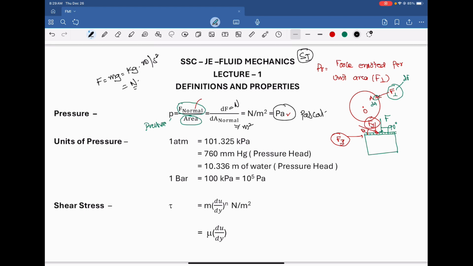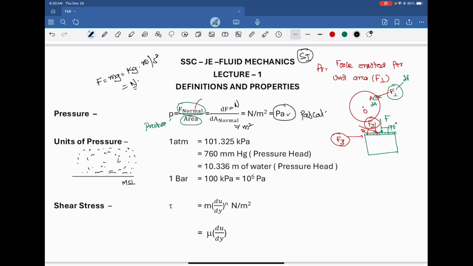Now, pressure is there. We are all under the influence of certain pressure. That is called atmospheric pressure. At mean sea level, MSL, there is an atmosphere above the earth. That atmosphere is full of gases. Definitely a gas is a fluid.